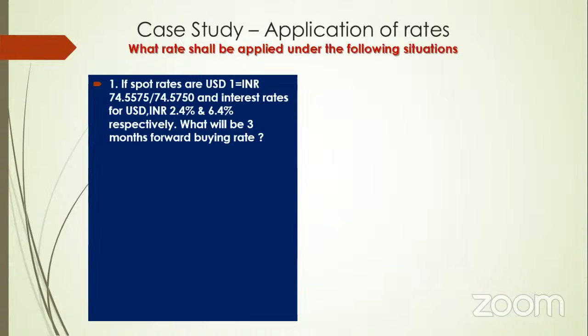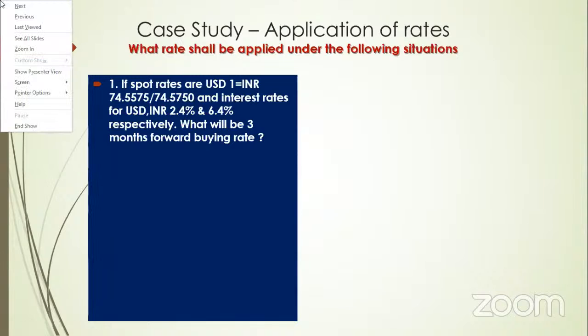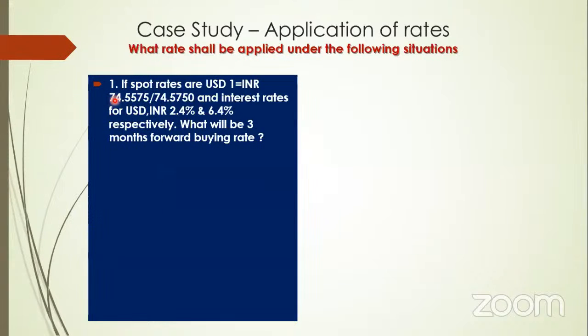And interest rates they will give, because the forward rate will be either costlier or cheaper compared to the base currency. So here the dollar is the base currency, also known as the left-hand side currency. It is always expressed as one unit, and the other currency keeps on changing.